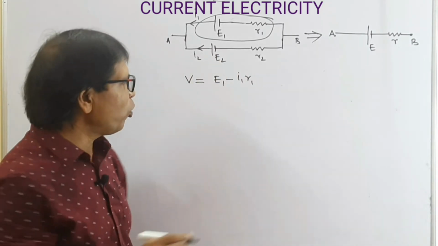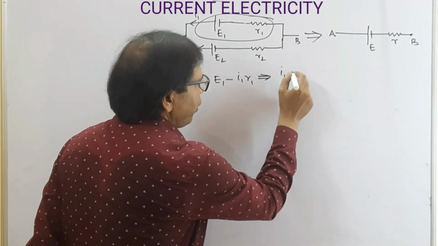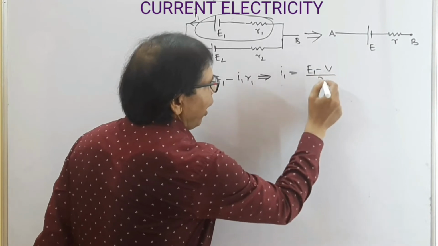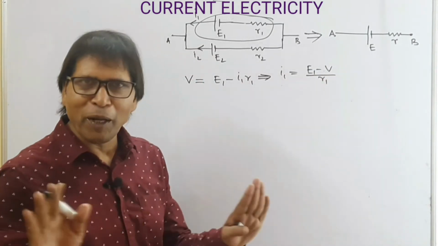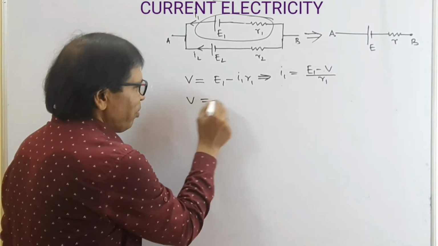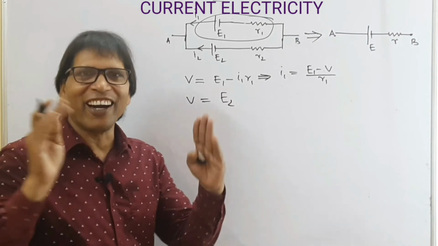Okay, now from this equation we can write I1 equals E1 minus V by r1. Okay, no problem. Now from this cell the terminal PD V equals E2 minus I2 r2.